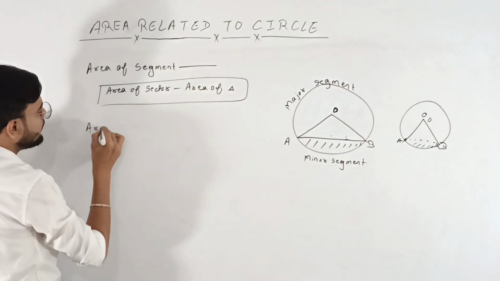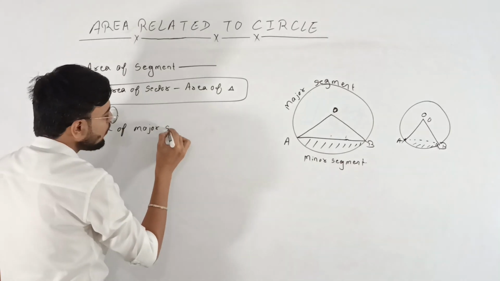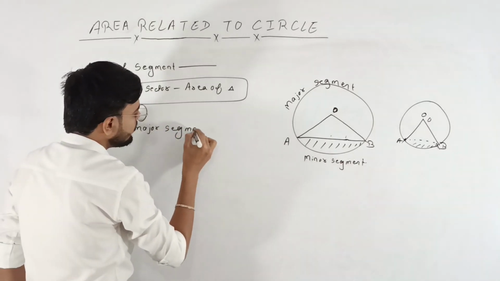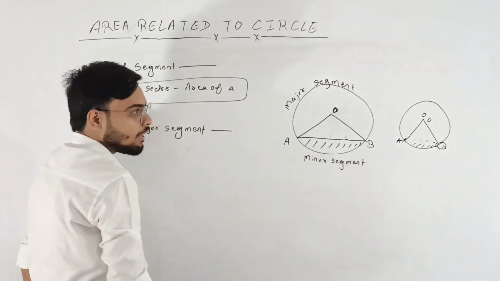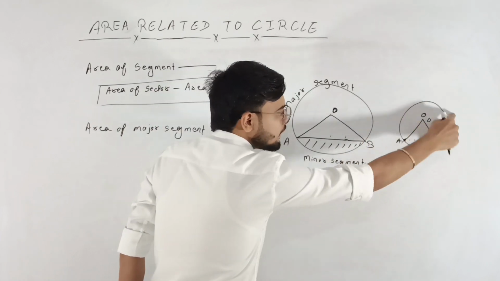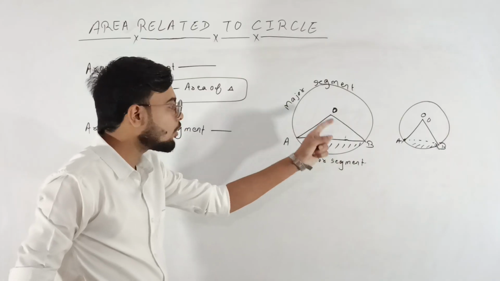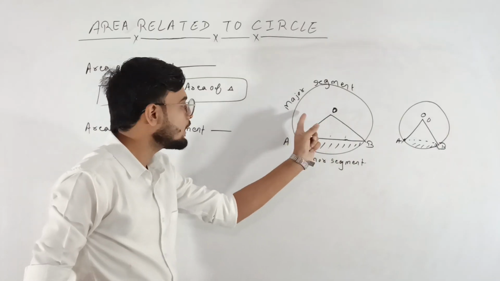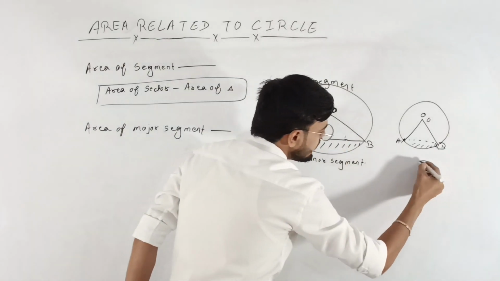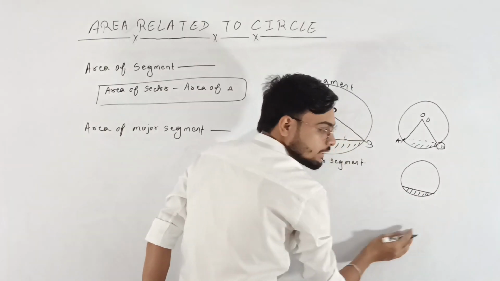Now how do we find the area of the major segment? The area of the major segment is what? This one is the area of the bigger circle, and if I subtract the area of the minor segment from the area of the circle, then I get the area of the major segment. This is my circle, and this is the area of the minor segment.